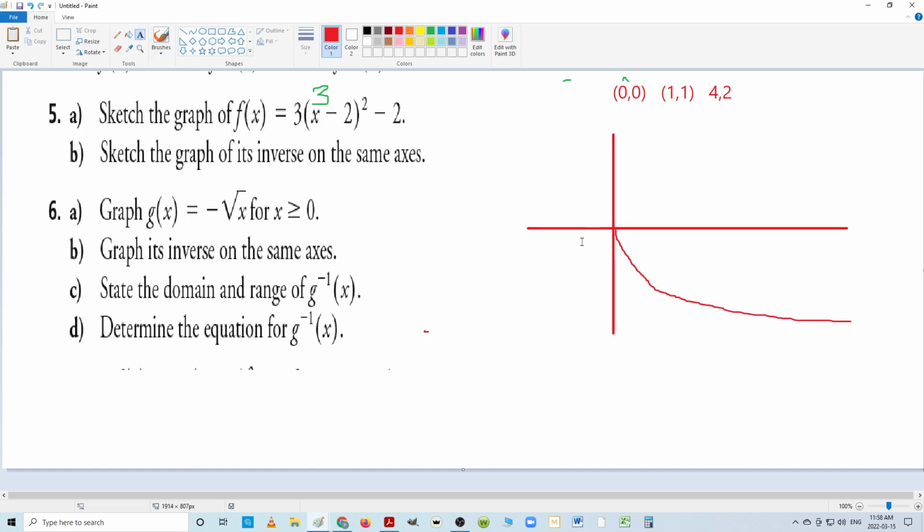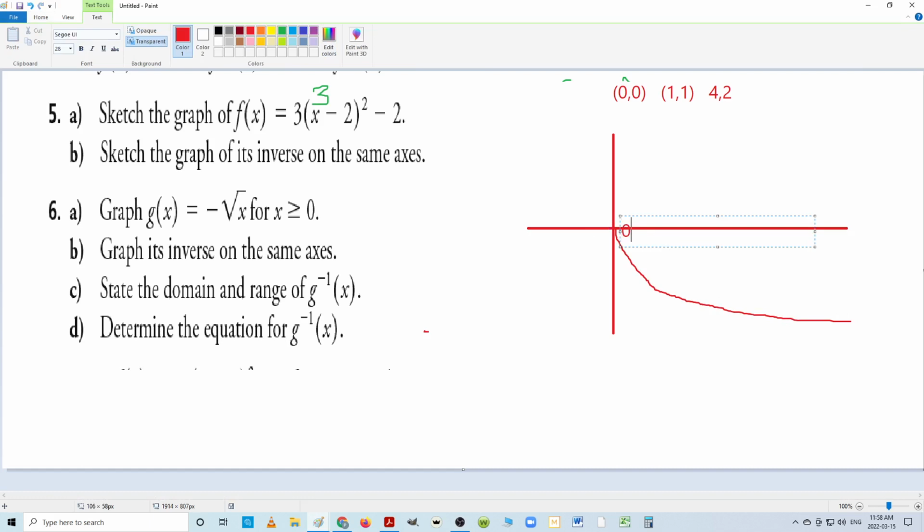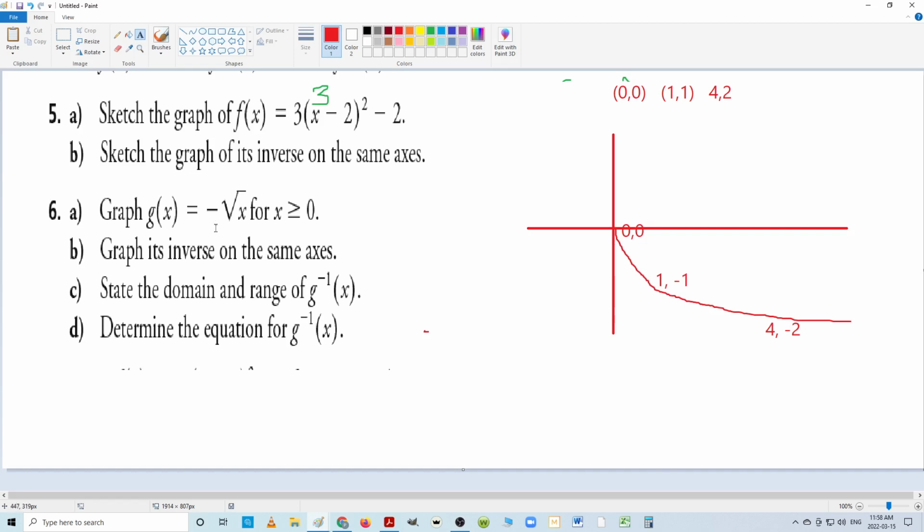And the points down here will be 0, 0, 1, minus 1, and the other one's going to be 4, minus 2. Essentially, all my y values became negative.